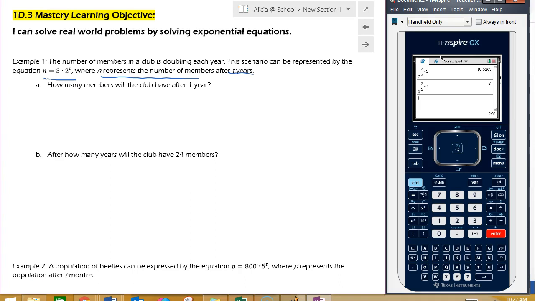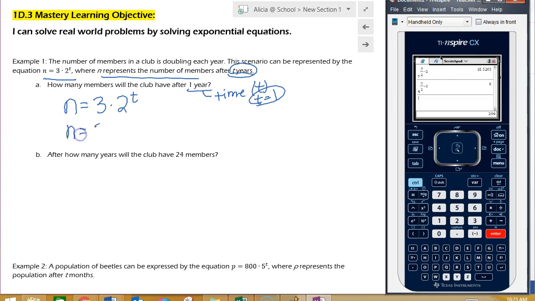Third question says, how many members will the club have after 1 year? So this right here is indicating time, which is represented right above by the letter t. So this is whenever t is equal to 1 year. I'm going to write my equation, n equals 3 times 2^t, and I'm going to substitute in my t equals 1 anywhere I see that power.